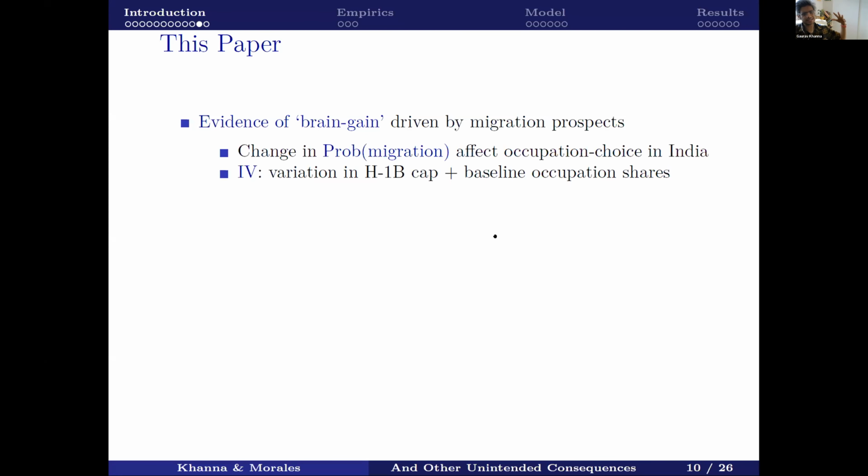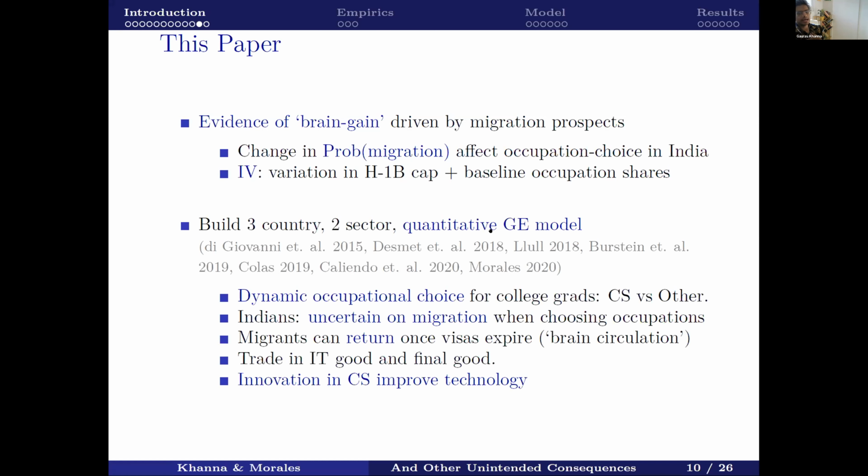But to actually understand the overall dynamics of what happens, where does production take place as a result, what happens with trade patterns, what happens to overall consumption, what happens to innovation, we need a lot more complexity. And so we build a general equilibrium model where we model a few different features of what we think is going on in the background.